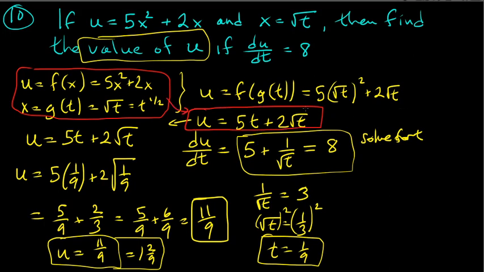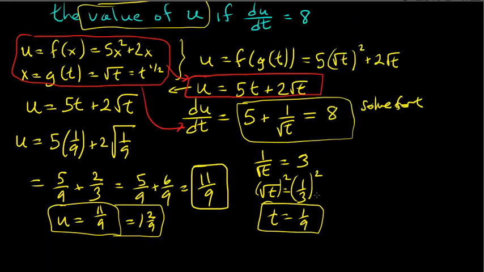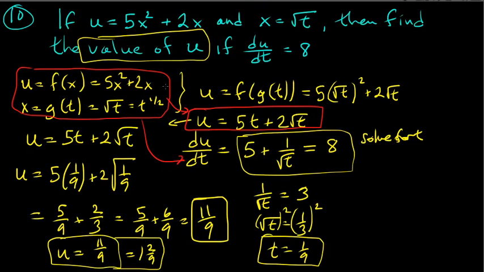So we could have used the chain rule to find the derivative directly without finding u as a function of t. That's a more roundabout way of doing it, but that way works as well. Okay, so that's all there is to it. This is like the most direct way to do it. All right, so number 11.